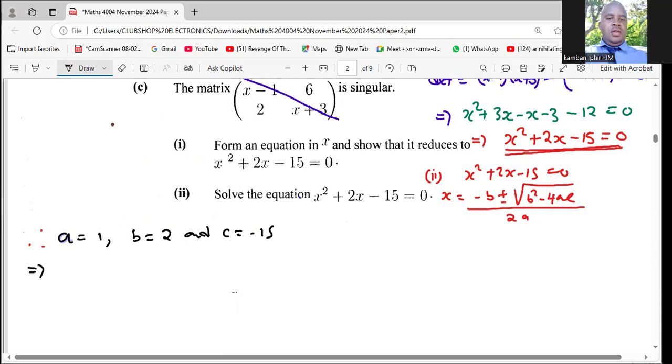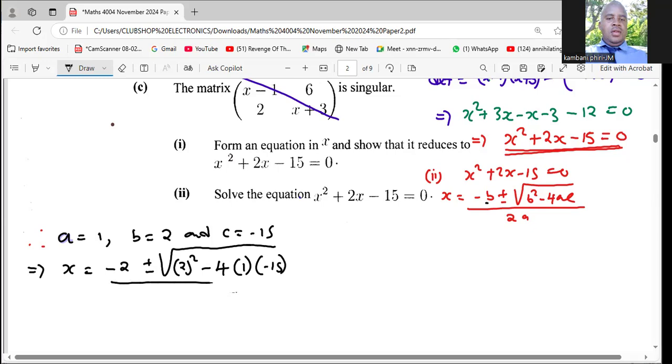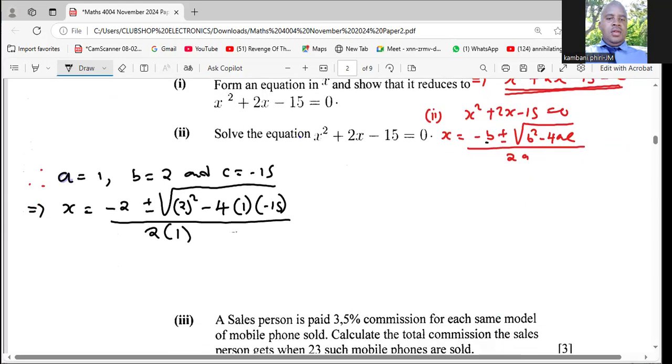This will imply that x is equal to negative b, here b is 2, so negative 2 plus or minus the square root of b squared, 2 squared, minus 4 times a, which is 1, times c, negative 15, all divided by 2 times a, which is 1.